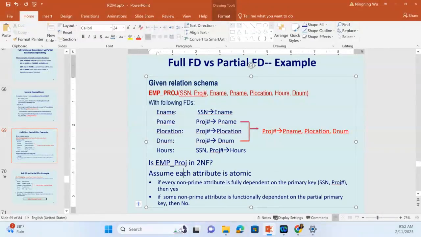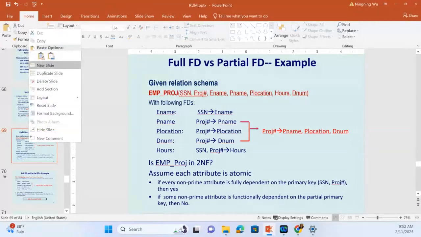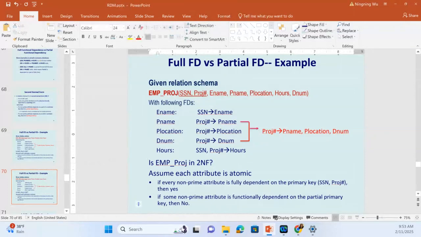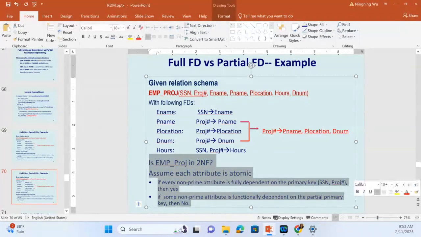So recall that second normal form requires that every non-prime attribute is fully dependent on the whole key. So let me make a copy of this one and then let's discuss. Before we answer this question, we know that all attributes are atomic.